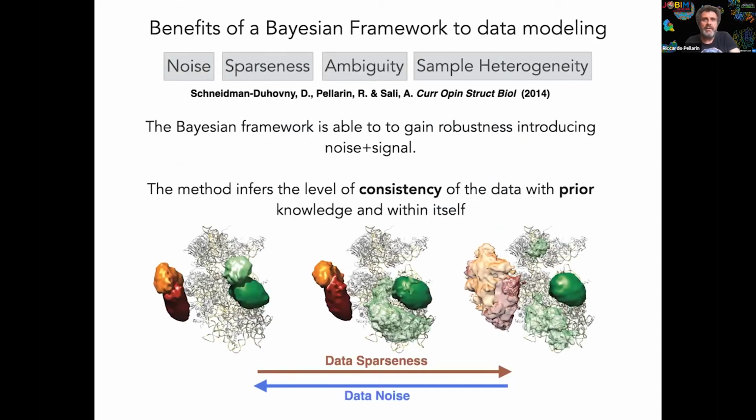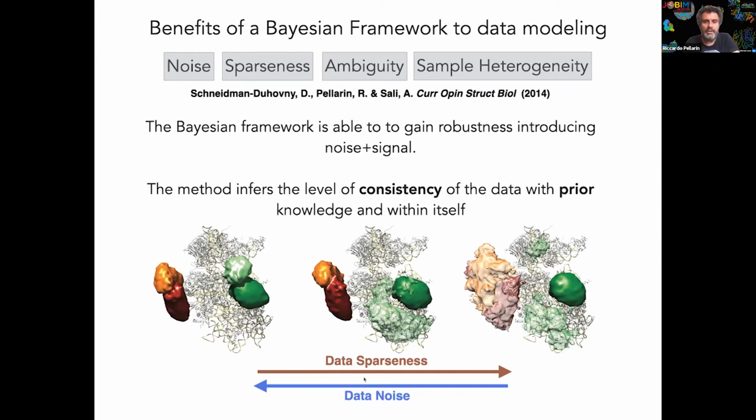The benefits of a Bayesian framework for data modeling are manifold. In particular, I realized the Bayesian framework is able to gain robustness, even when introducing noise and signal at the same time. By doing this experiment, it was clear that if you use clean data without noise, such as highly confident but sparse crosslinks, you end up with very unlocalized positioning of your proteins.